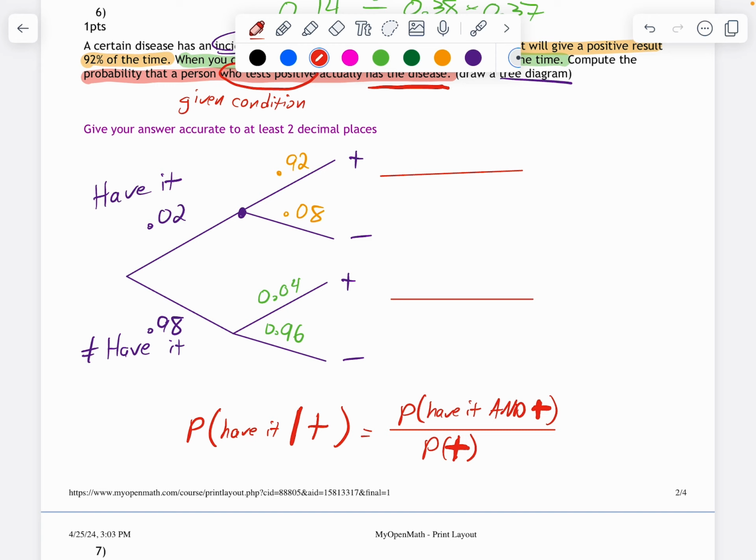So remember, if you want these two events to happen back to back in a row, you multiply them. So this top branch is 0.02 times 0.92, and this branch is 0.98 times 0.04.